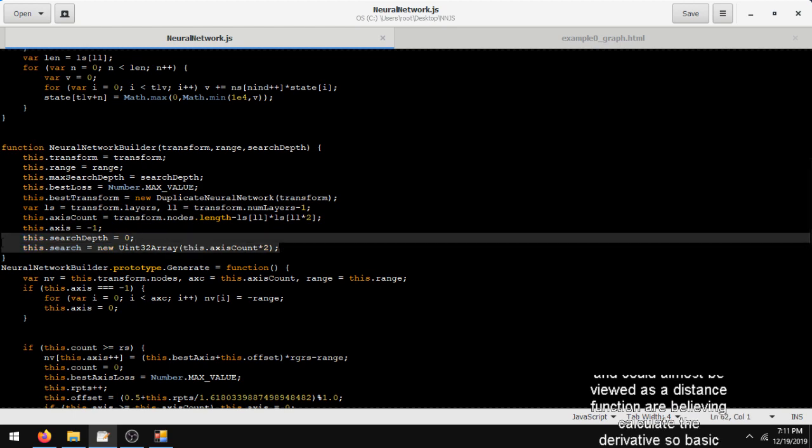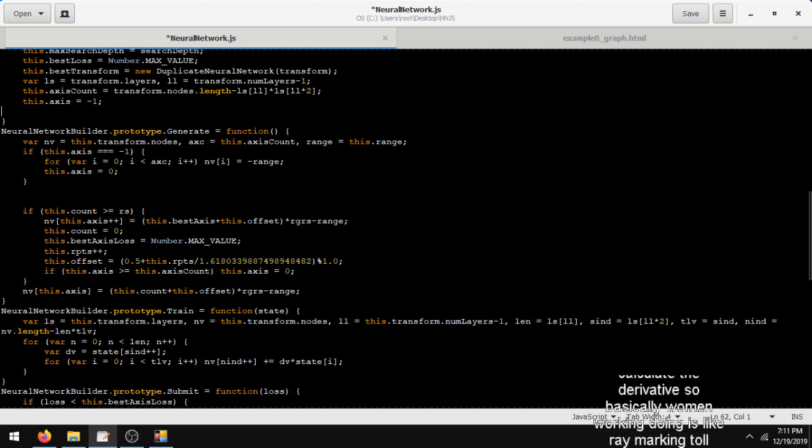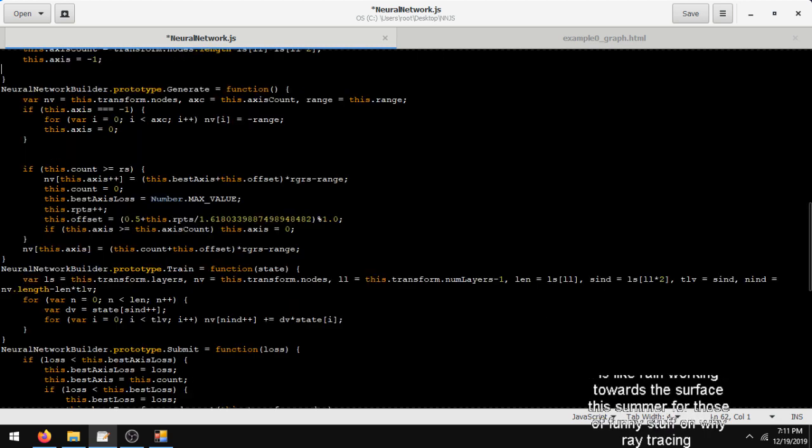So basically what I'm going to look at doing is ray marching towards the surface. This is some funny stuff. I'm trying to apply ray tracing to the neural network generation.